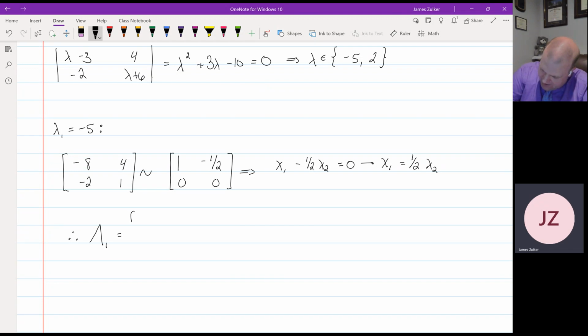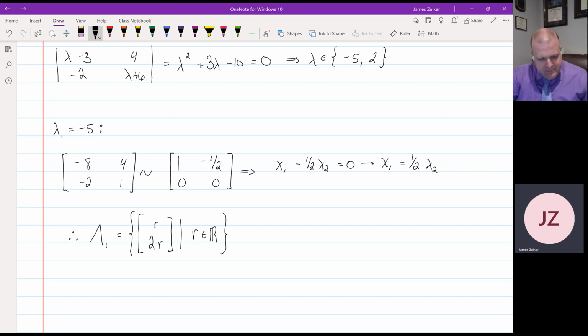So our first eigenspace is the set of all vectors of the form: we could let x2 be r, any real number. But let's avoid fractions. Let's call it 2r, which would make x1 r. So there's the eigenspace.